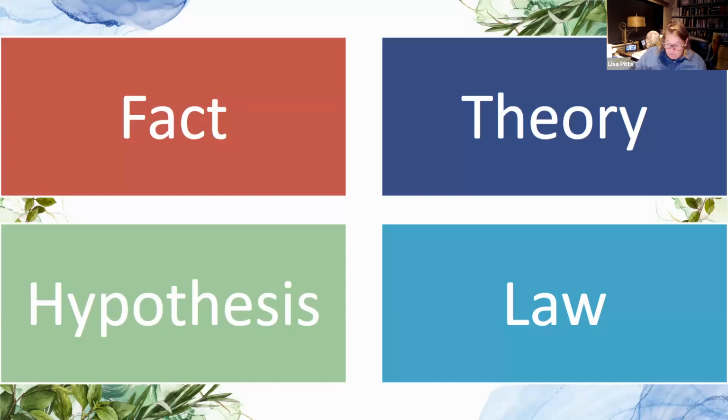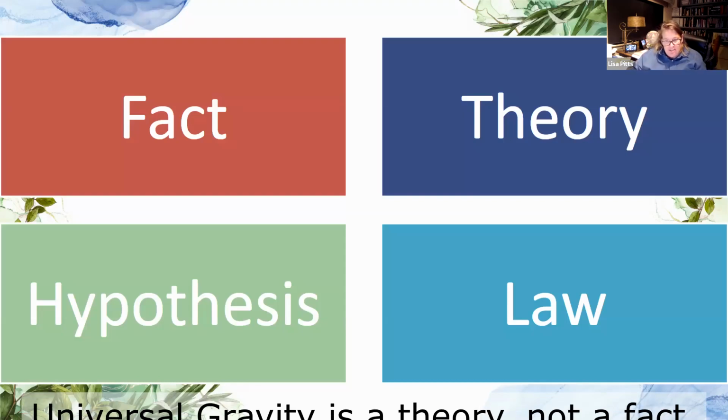For example, evolution is a theory. It's just a theory. It's the atomic theory of matter, stating that everything is made up of atoms. That's a theory. Germ theory of disease, which states that many diseases are caused by germs. Gravity is a theory.